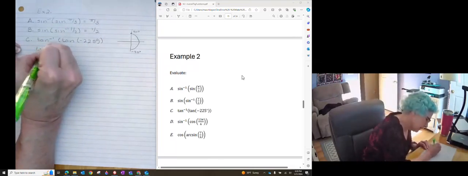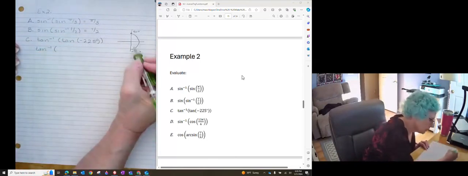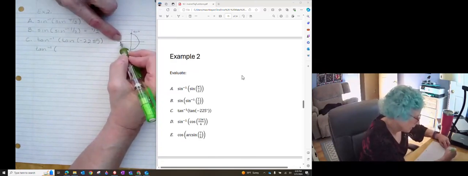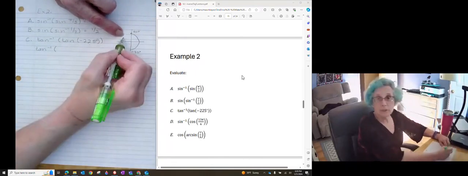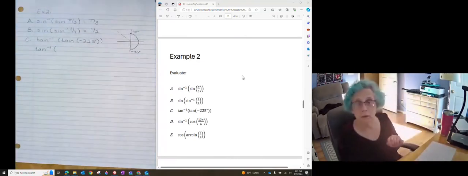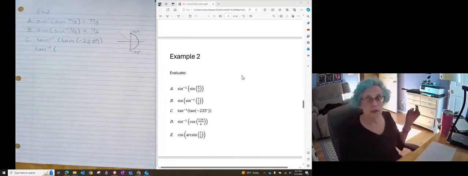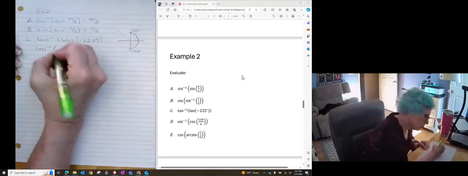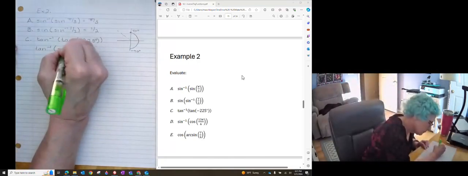So, inverse tangent. So let's see. This would be -90. This would be -180. So this would be 45 degrees more. So we would be right over here in quadrant number 2. So tangent of -225 would be -1.